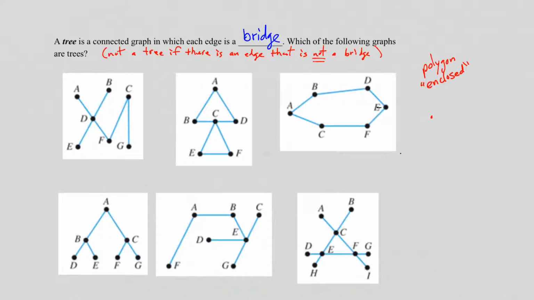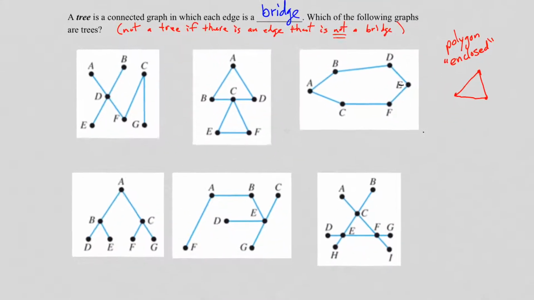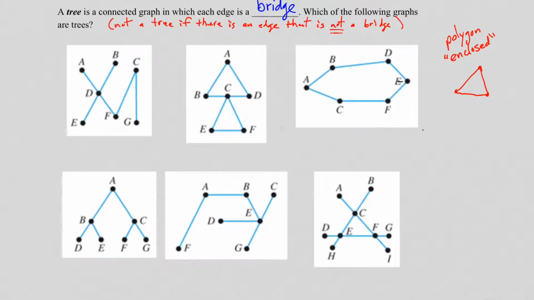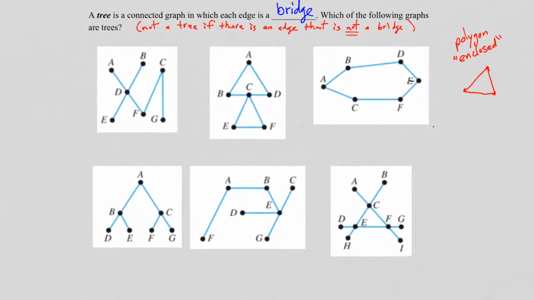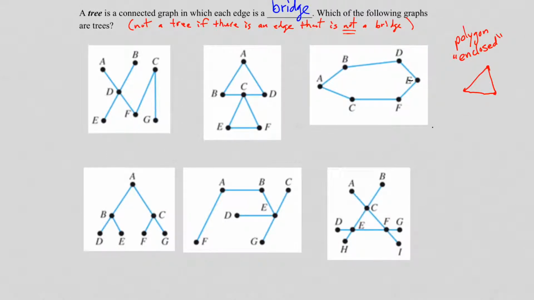Okay, so the minimum I need to enclose this is 3 sides, right? So right now this is a tree, okay? But once I enclose it, now it's not a tree, okay? So if we see any polygons, no matter what shape they are, concave or convex or a bunch of sides or just 3 sides like a triangle, any type of enclosure is going to indicate that it's not a bridge.